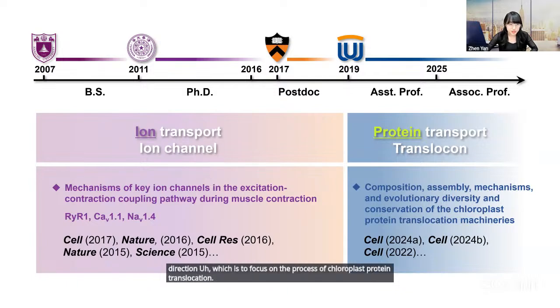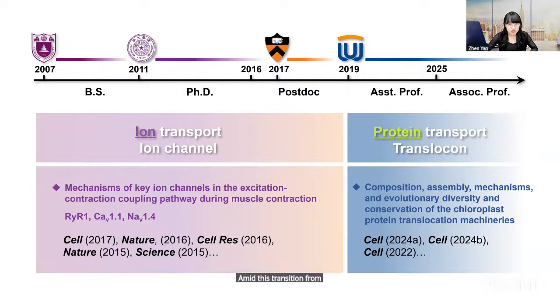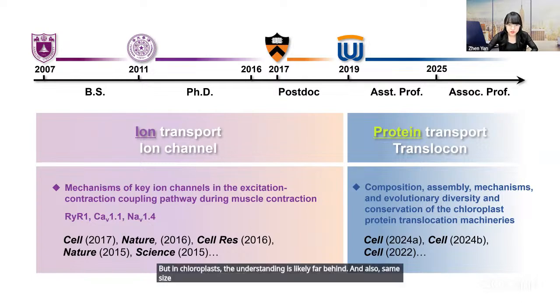I made this transition from ion transport to protein transport for several reasons. First, protein translocation and targeting is very fundamental, but in chloroplast, the understanding is far behind. Also, since I set up my own independent lab, I wanted to step out of my comfort zone and establish my own academic identity.